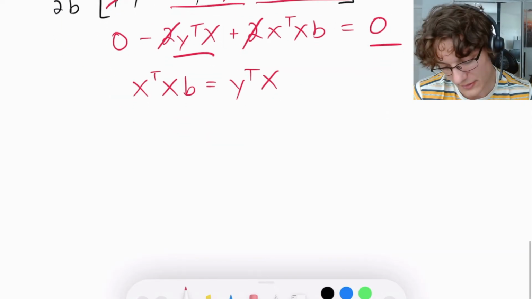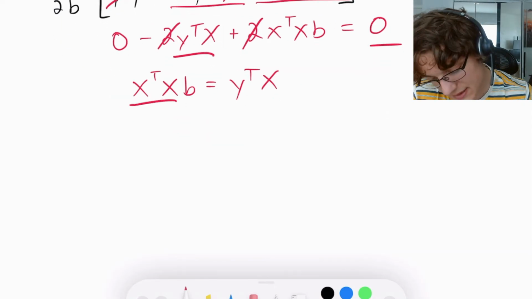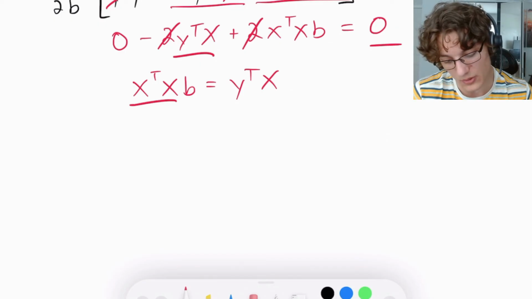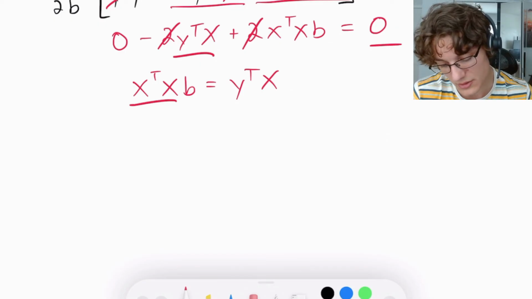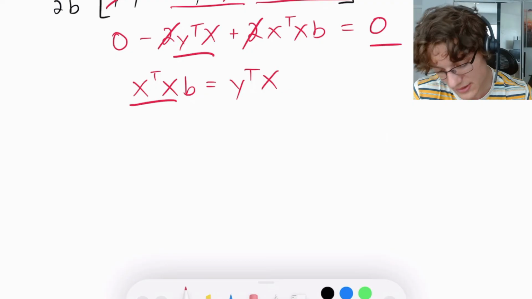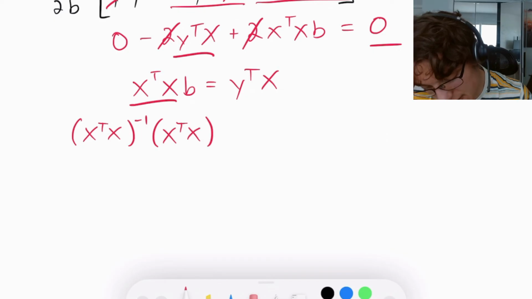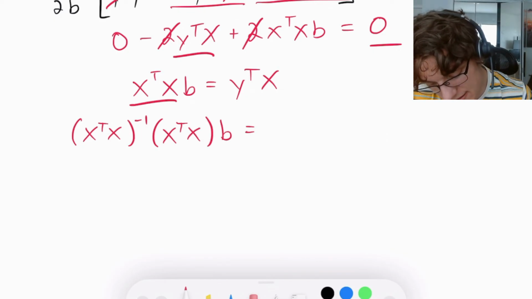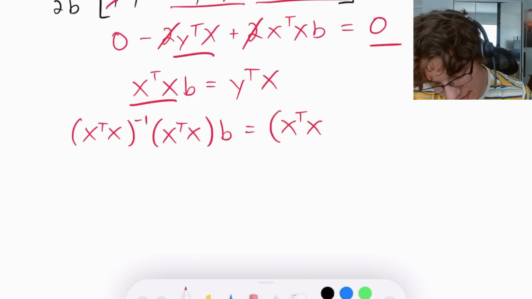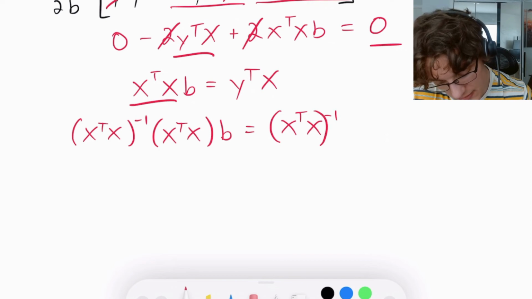And if you recall from linear algebra, we can easily get rid of this guy by multiplying both sides of the equation on the left by the inverse of x transpose x. So we have (x transpose x) inverse x transpose x b is equal to (x transpose x) inverse y transpose x.